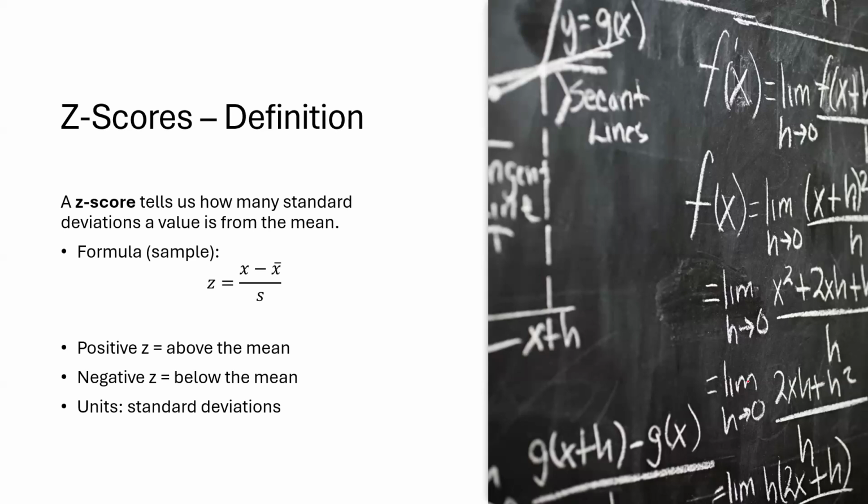If the z-score is positive, the value is above the mean. If it's negative, it's below the mean. And the bigger the absolute value, the more unusual the result. Z-scores are great when comparing across data sets with different units, like comparing ACT and SAT scores.